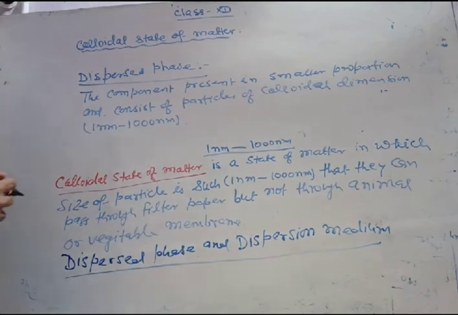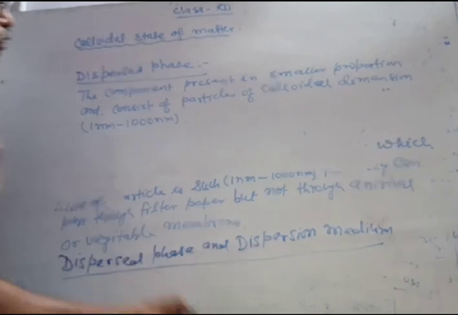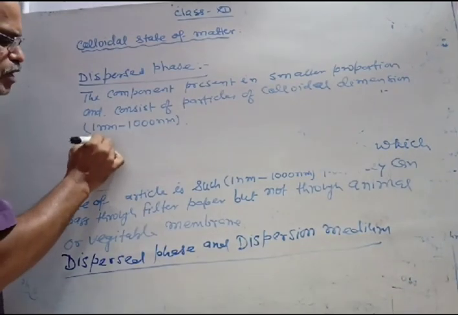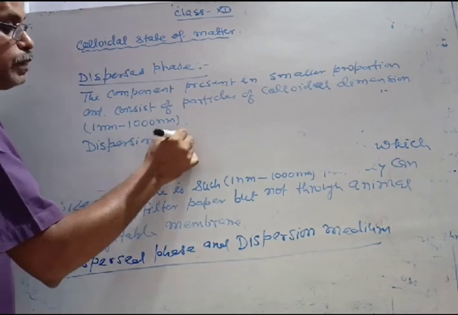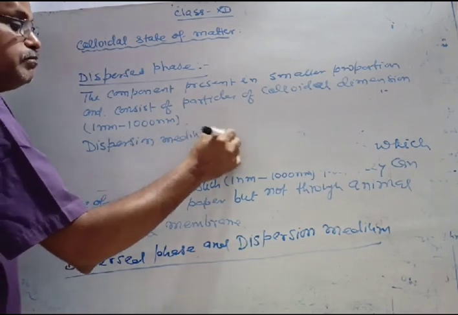So, in a colloidal solution, there are two components. One component is called the dispersed phase, and the size of its particles is between 1 nanometer and 1000 nanometer. The other component is known as the dispersion medium. What do you mean by dispersion medium?